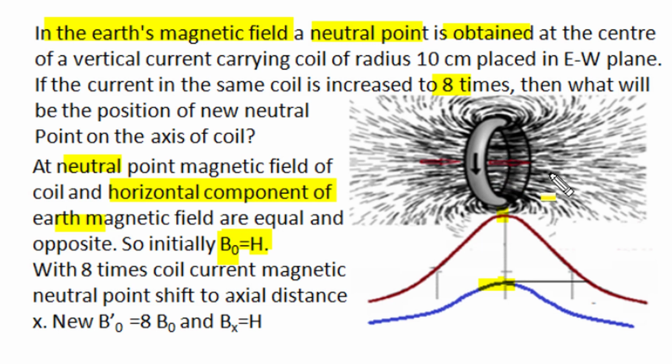As we move away from the center on the axis, the magnitude of the magnetic field decreases and becomes 1/8 of the central value at a certain distance. We have to find that axial distance where the magnetic field, which became 8 times, reduces to its earlier value, equal to the earth's horizontal component, so that the magnetic neutral position will occur there.